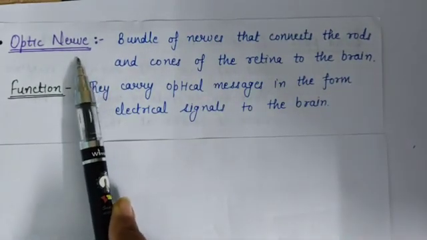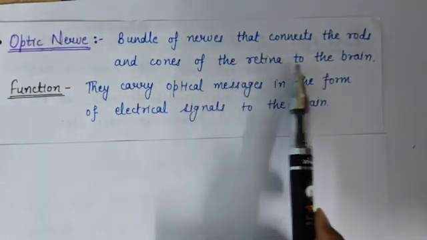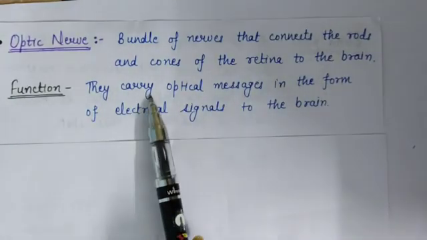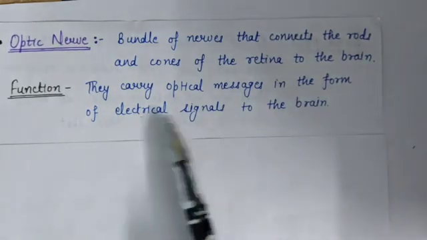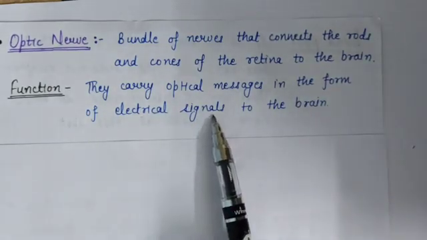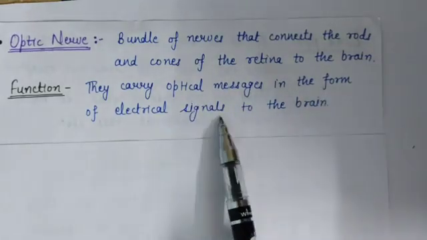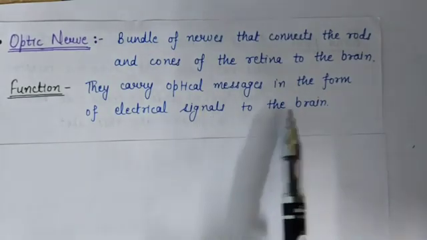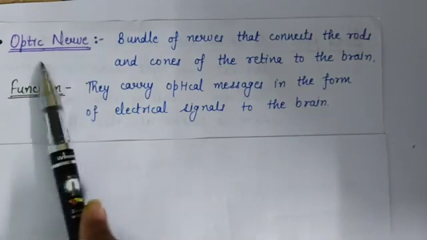Its function is that they carry optical messages in the form of electrical signals to the brain. Means electrical signals are sent to the brain only because of these optic nerves.